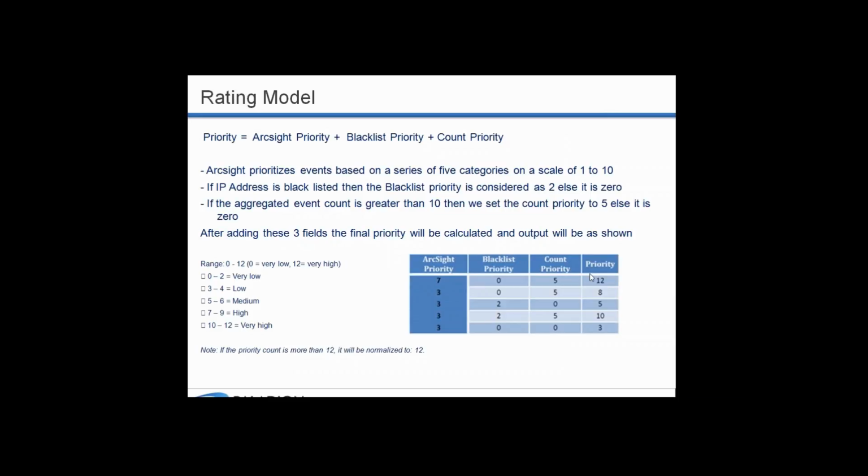The rating model used by us involves primarily three key parameters. We have the ArcSight priority, and then we have a blacklist priority and a count priority.